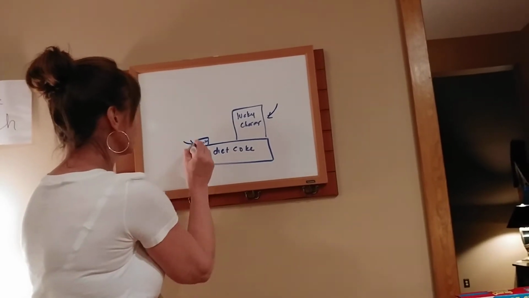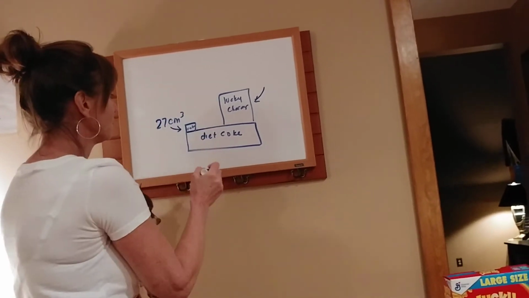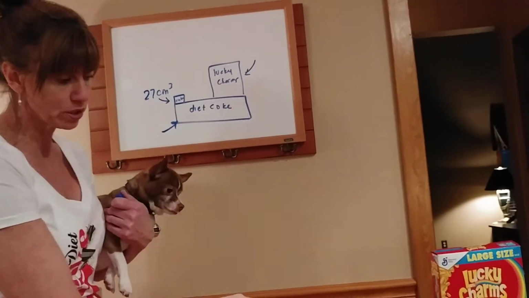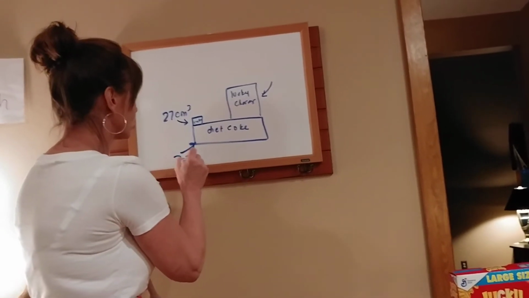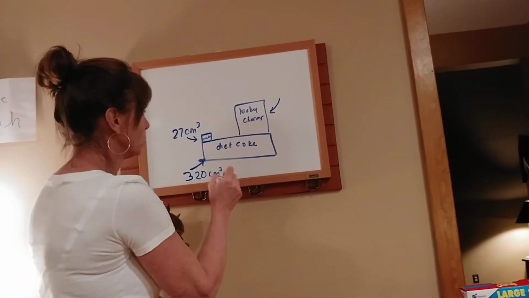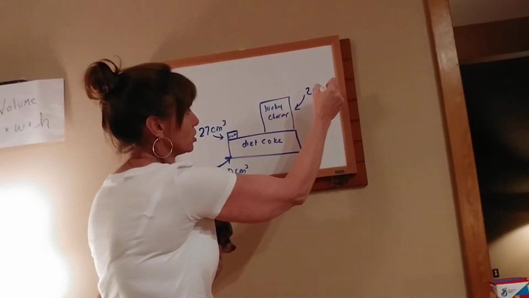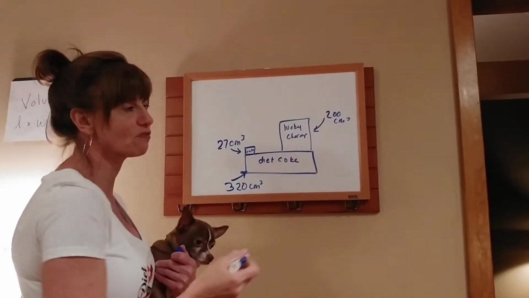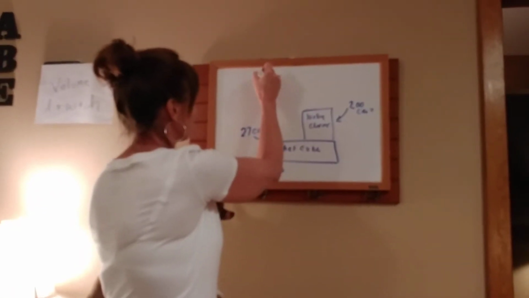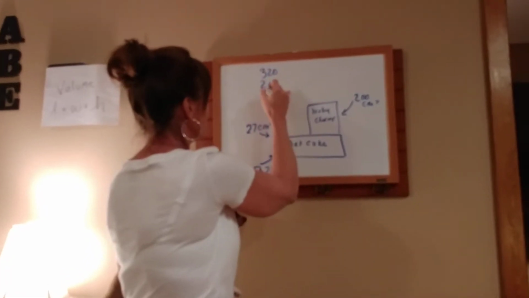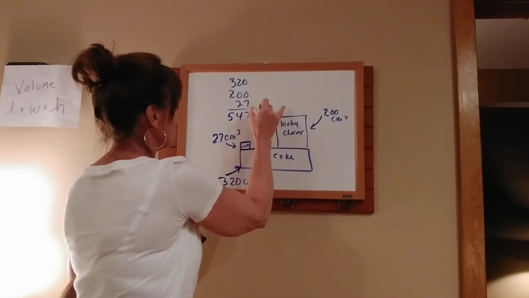So if the volume of this, we're going to use centimeters, was 27 centimeters cubed, and the volume of my Diet Coke ended up being, I'm just going to guess here, 320 centimeters cubed, and my Lucky Charms ended up being 200 centimeters cubed. You're going to draw me a picture of all 3 that you did, and then you're going to add it together. So 320 plus 200 plus 27 is going to be 547 centimeters cubed.